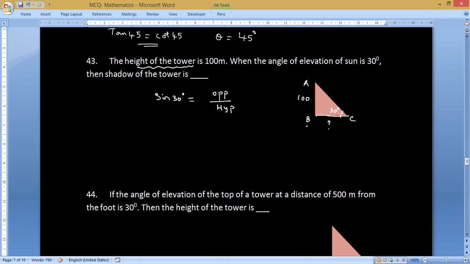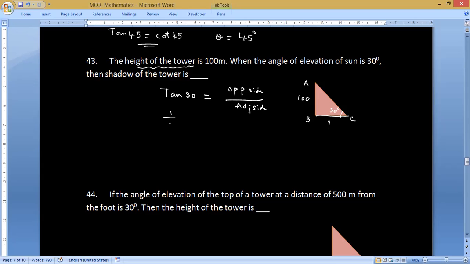But even if I use sine, I will not get the answer. It's better to take tan 30. So tan 30 is nothing but opposite side by adjacent side.